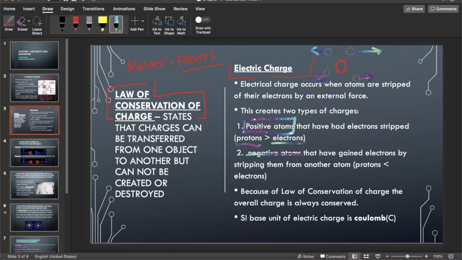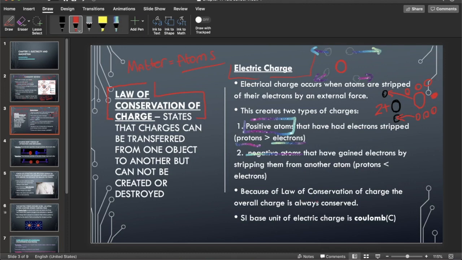Negative atoms have gained electrons by stripping them away from another atom. For example, if you had one atom that had 2 electrons, and another atom that has, let's say, 6, if this one rips away those 2 electrons, the first is going to have a positive 2 charge, and this one is going to have a perfect octet, so it's going to be happy.